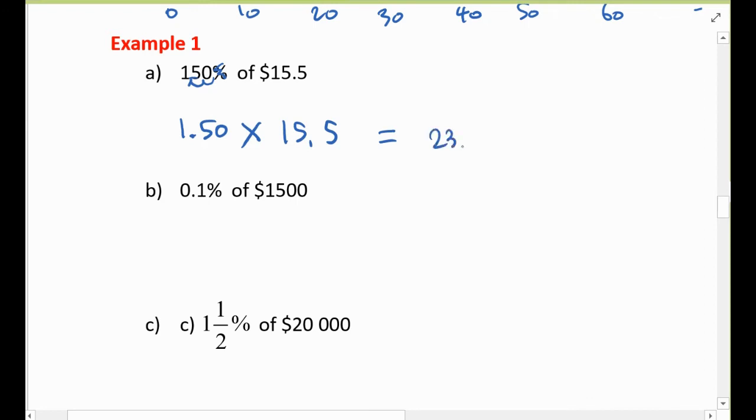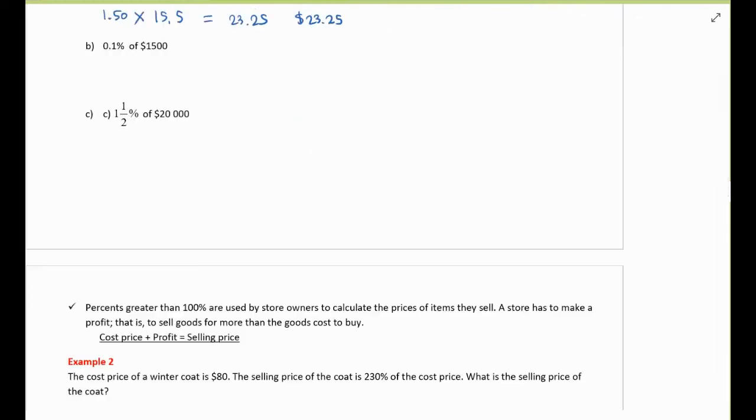So the answer is $23.25. Okay, next, B. 0.1% of 1,500. So we're going to change 0.1% to a decimal.